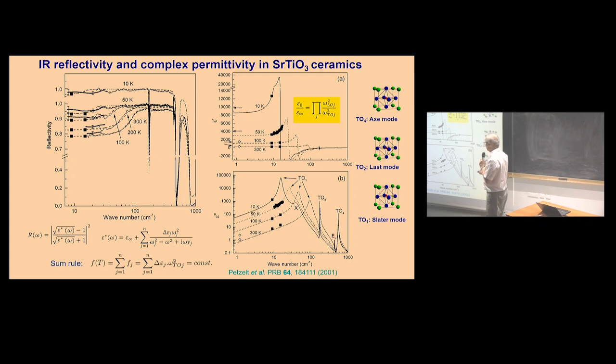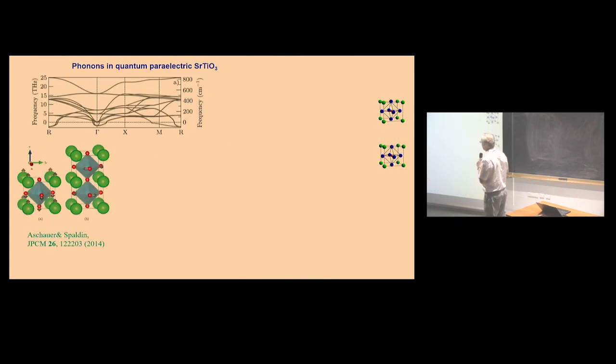So you can imagine if you reduce the phonon frequency twice, you should increase the contribution to static permittivity 4 times. In this case, the phonon softening is even 10 times, and therefore you finally have 100 times higher permittivity at low temperatures in strontium titanate.